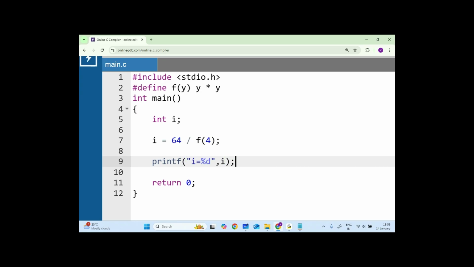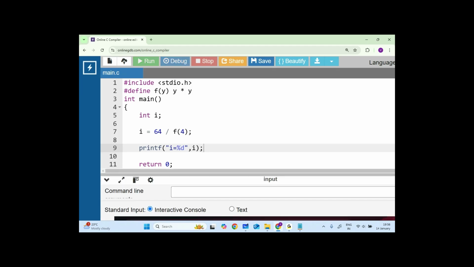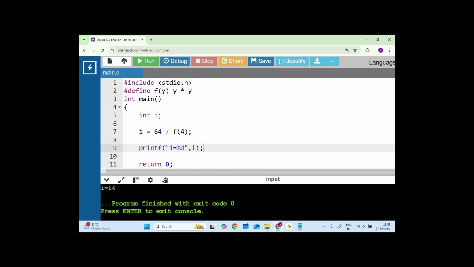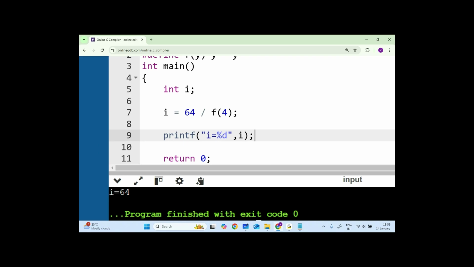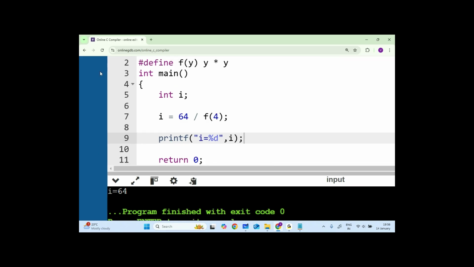Now let's execute this code. Are we getting 64 as the answer? You can see it in the bottom here. Please understand that during compile time, this expression first gets converted to 64 / 4 * 4.